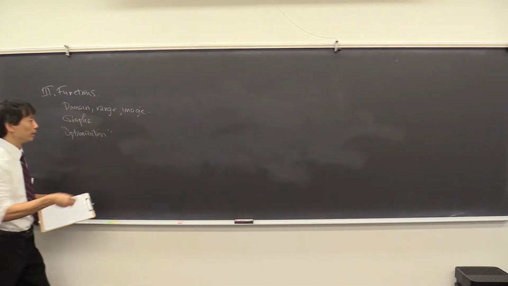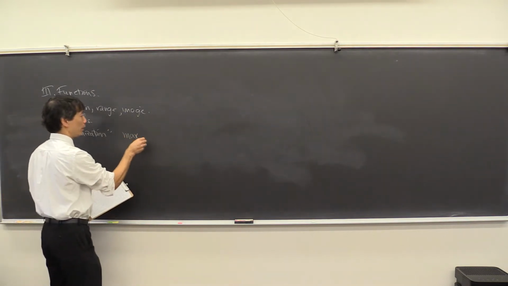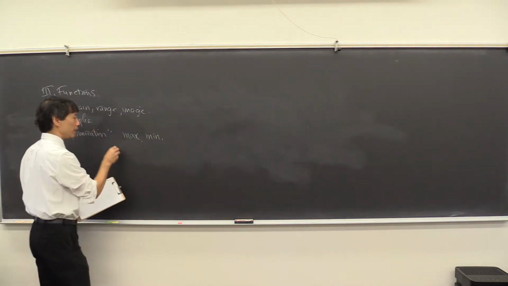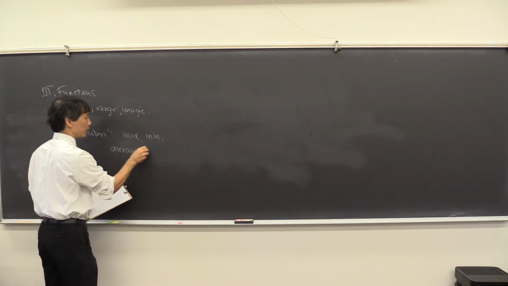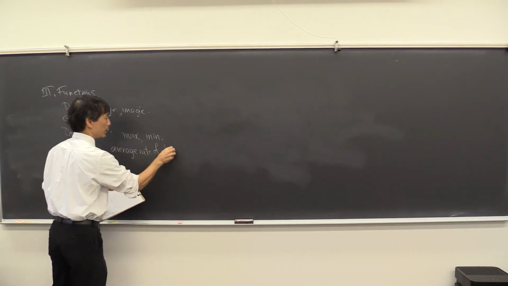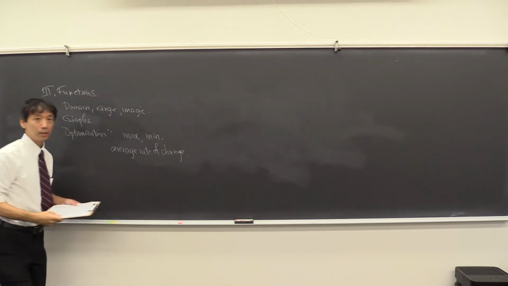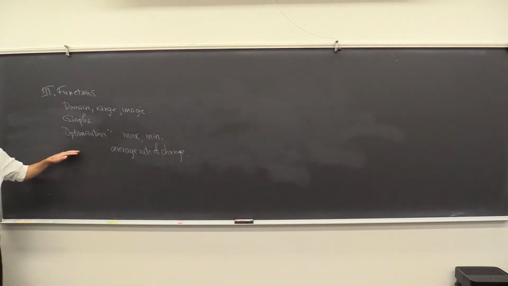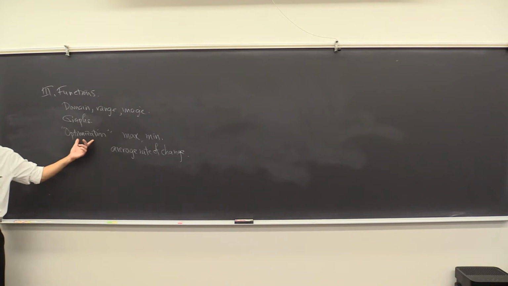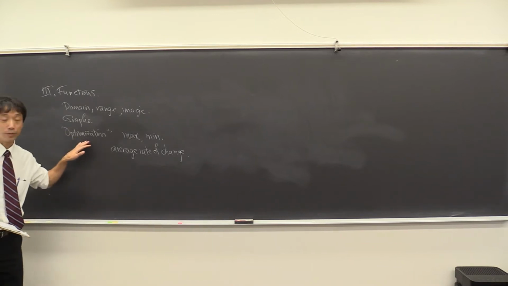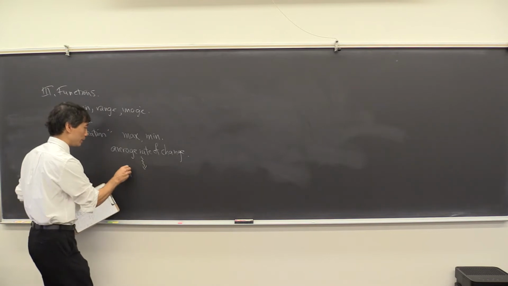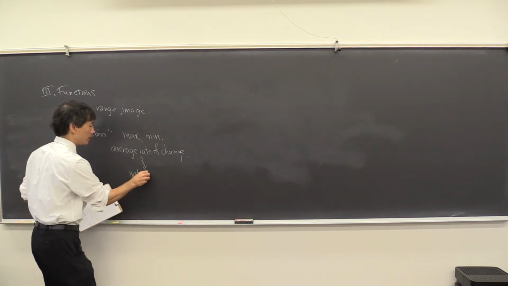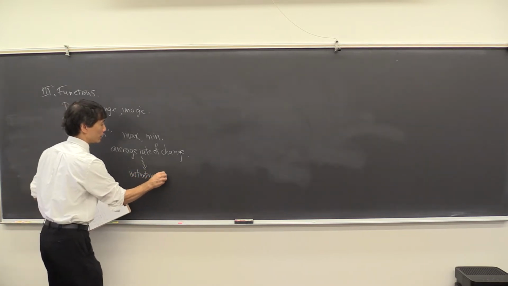Optimization, so like finding the maximum value, finding the minimum value, and then sort of thrown into that was this idea of average rate of change, which maybe the relation to optimization isn't so clear, but once you get to calculus, you'll find that average rate of change turns into something called instantaneous rate of change.